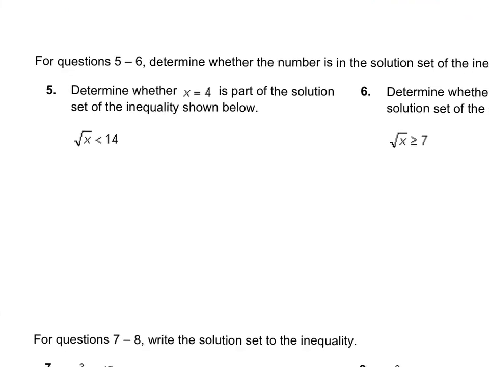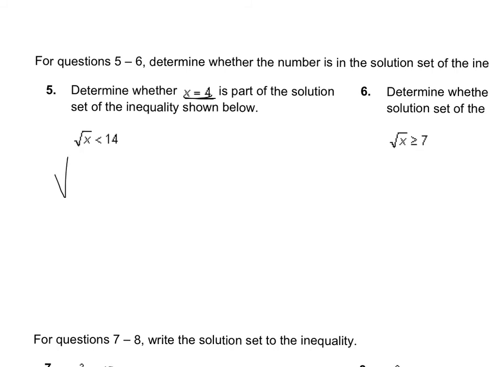Okay, so for 5 and 6, we're supposed to determine whether the number is in the solution set or not. So for number 5, I'm supposed to determine whether x equals 4 is a part of the solution. Well, I can do a whole bunch of work and solve this, but if it wants to know if 4 is a solution, then I can just set x equal to 4.